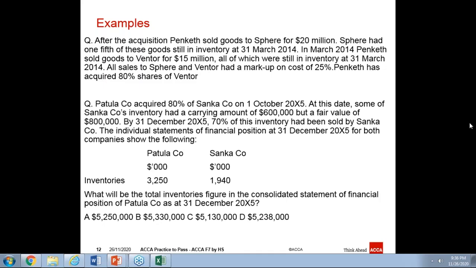Now focus on the Penketh question. You are required to calculate the realized profit in the Penketh and the accounting entry.